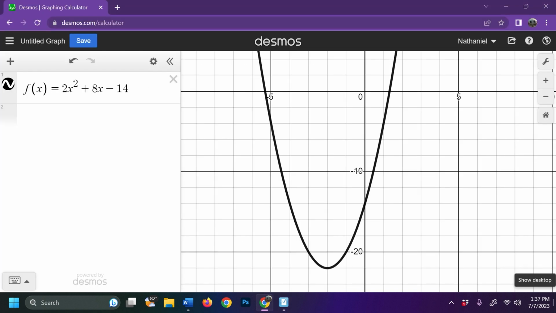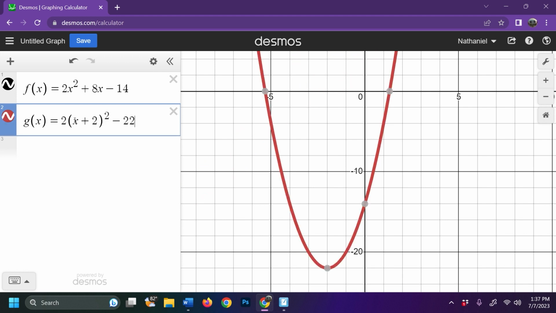All right, so we have f of x is equal to 2x squared plus 8x minus 14. That was our original function. And our vertex form will be g of x equals 2 times the quantity x plus 2 quantity squared minus 22.